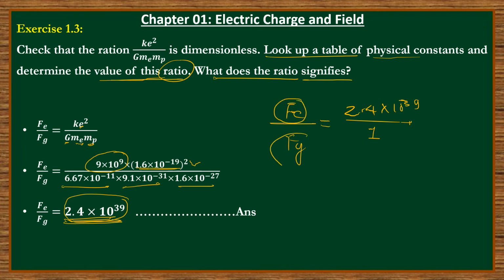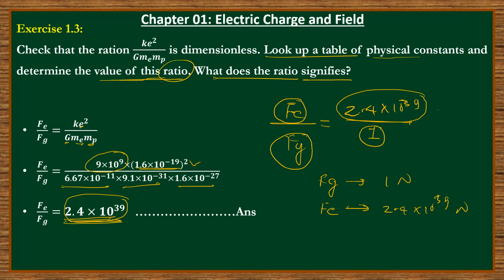If the gravitational force is 1 Newton, then in the same situation the electrostatic force between one electron and proton is 2.4 into 10 raised to 39 Newton. See how much more it is. So the gravitational force is comparatively very small.